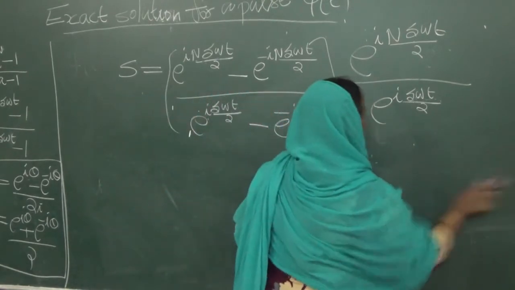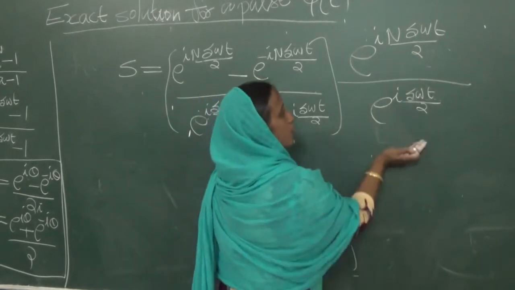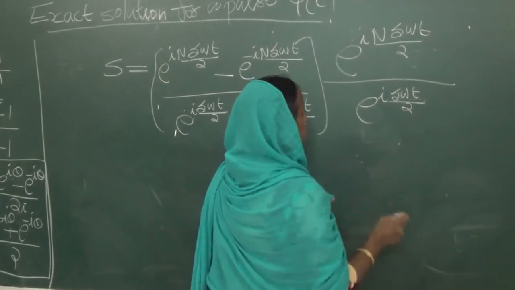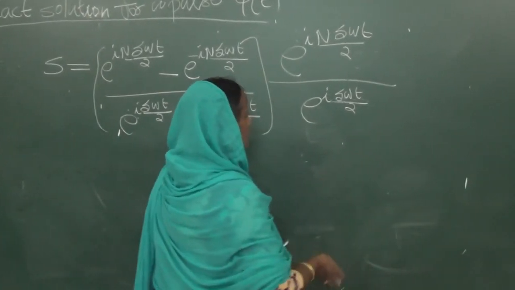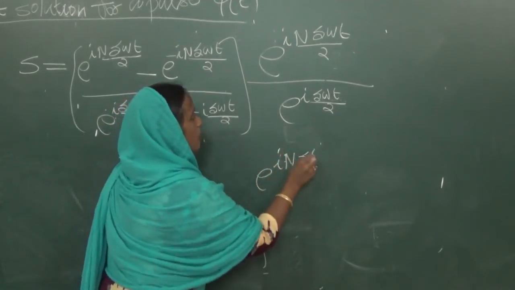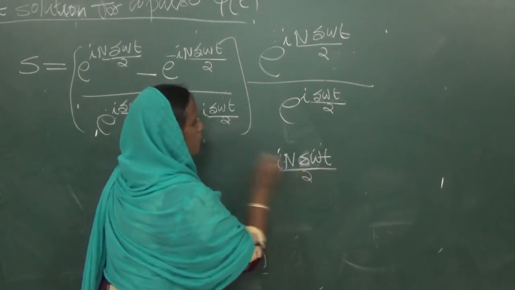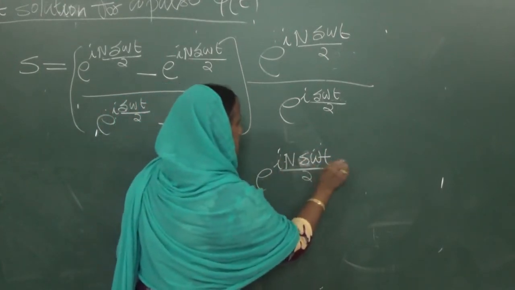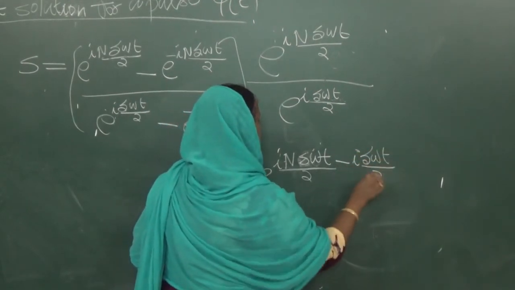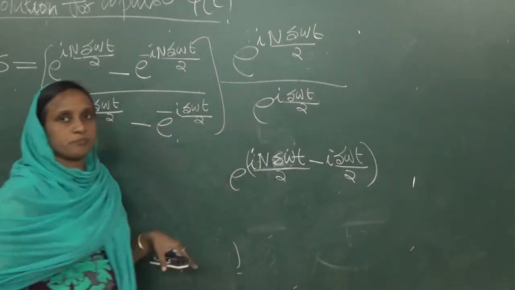So what we get here, you can write all these terms together. That is e raised to i n delta omega t by 2 minus i delta omega t by 2. Right? This is this term.